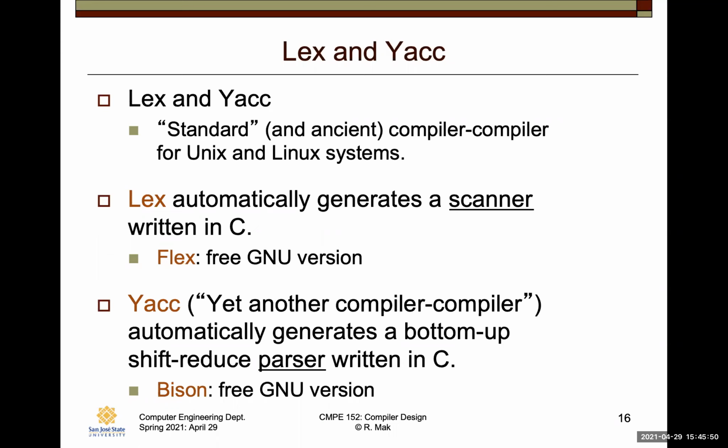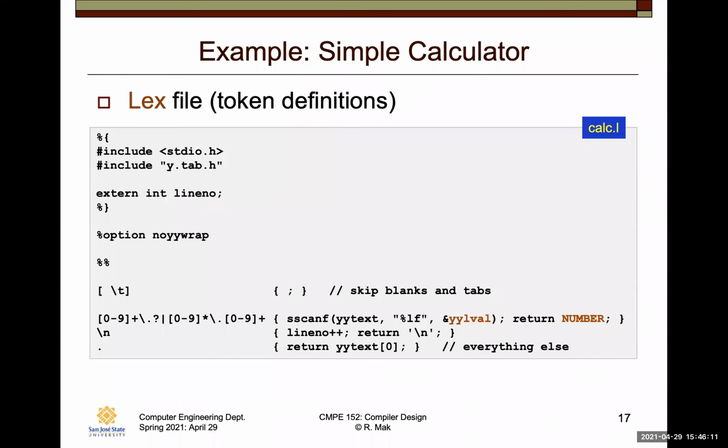Yak will generate a bottom-up parser written in C, whereas, as you know, ANTLR generates a top-down recursive parser written in either Java or C++. Yak will generate, give it a grammar, it will generate a bottom-up parser written in C. Okay, so let's take a look. Now your ANTLR grammar file, your .g file, contains both the production rules of the statements of your language and the rules for the tokens, right?